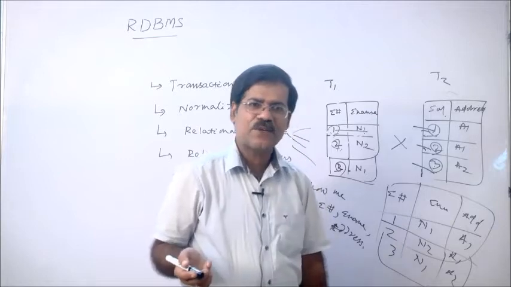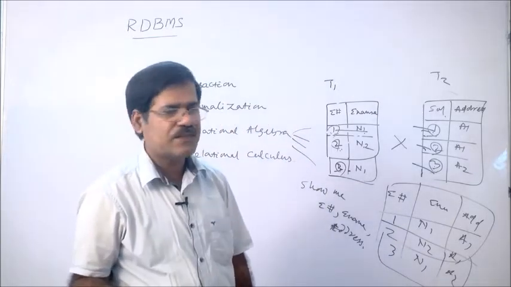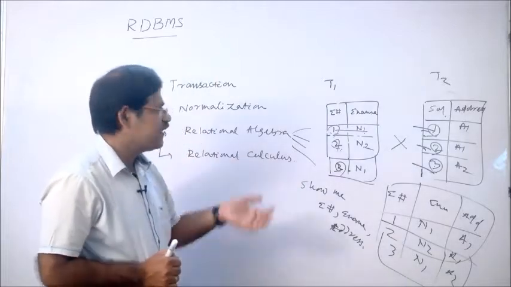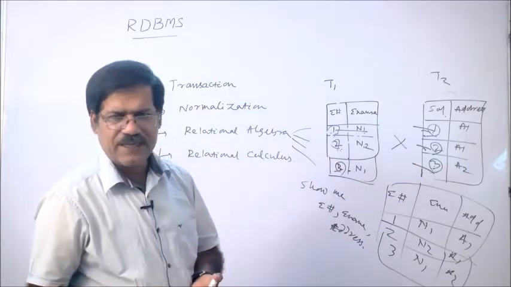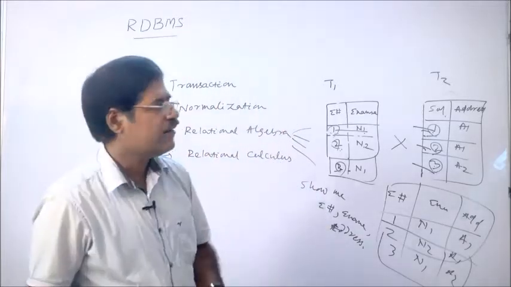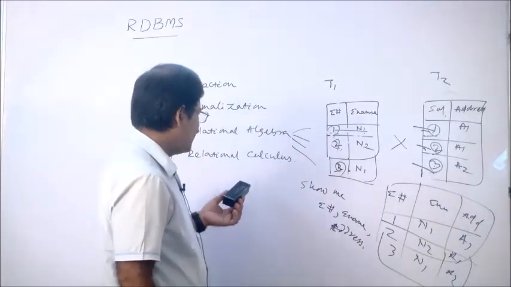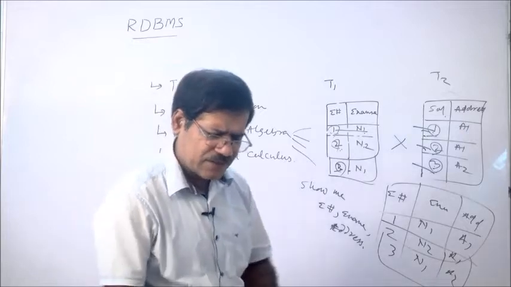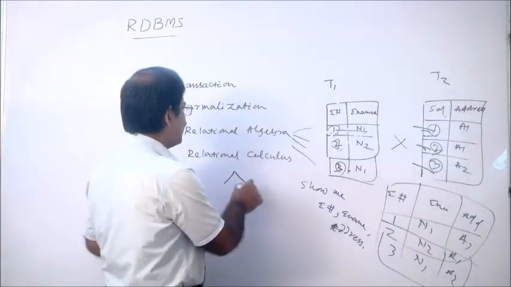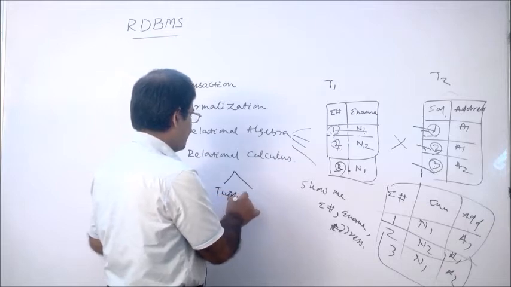So, general Cartesian product, as you know from set theory, that operation we perform. These are the basic algebraic operations we perform. In practice also we perform these operations by using SQL or MySQL. Similarly, relational calculus is related to algebra: tuple calculus and domain calculus.